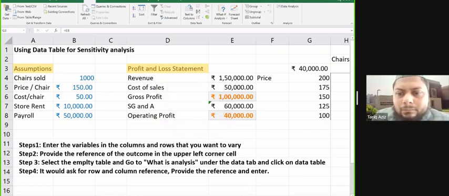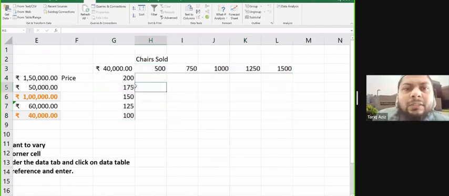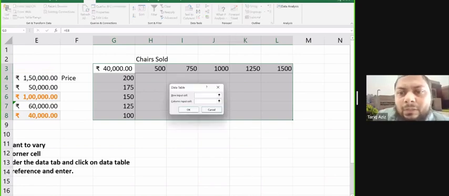Okay. After writing down these values in the rows and columns, I have to select this whole table. After selecting this table, come to the data tab, What-If Analysis, and select Data Table.